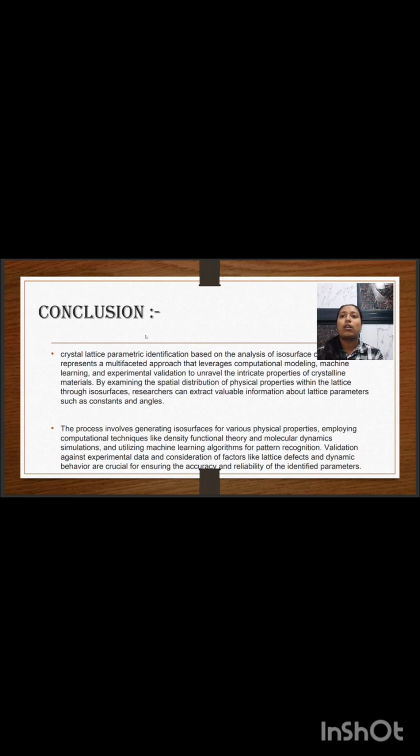Researchers can extract valuable information about lattice parameters such as constants and angles.